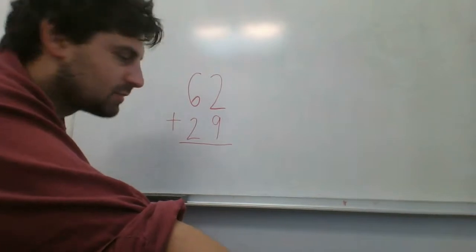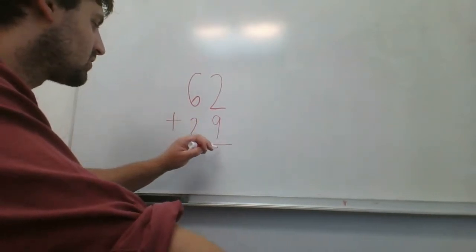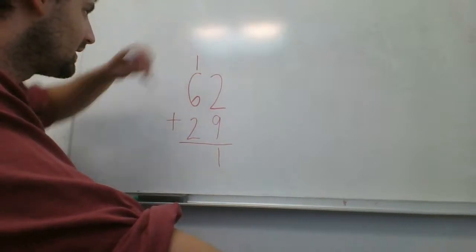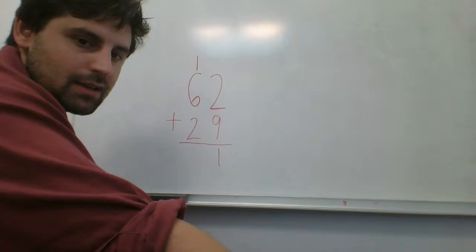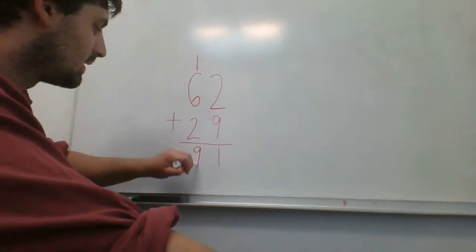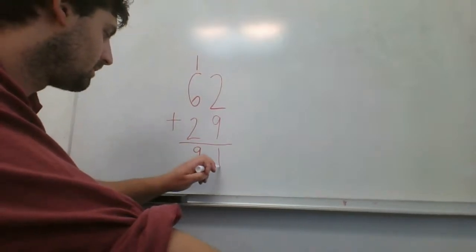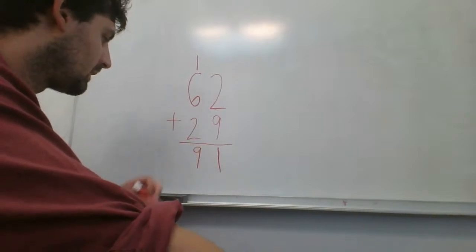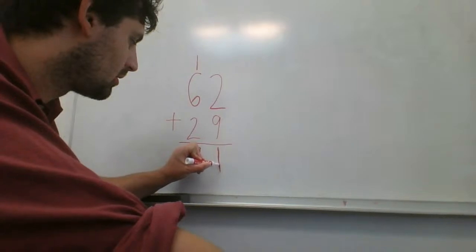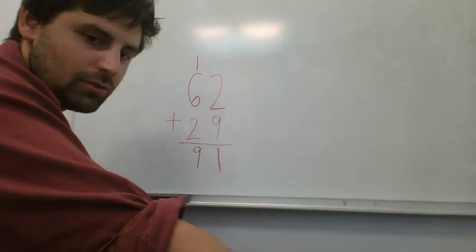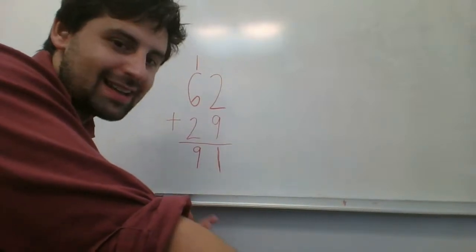All right, we start in the ones place. 2 plus 9 equals 11. So the 1 in the number 11 goes in the ones place. The other 1 in the number 11 is carried over to the tens place. 6 plus 2 equals 8. Plus 1, we add the one that we carried over. That makes it 9. And we have our final answer, 62 plus 29 equals 91.